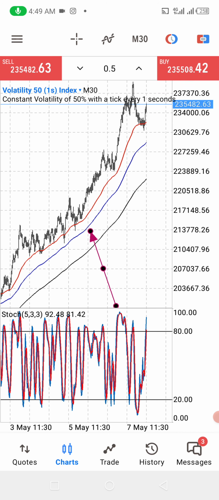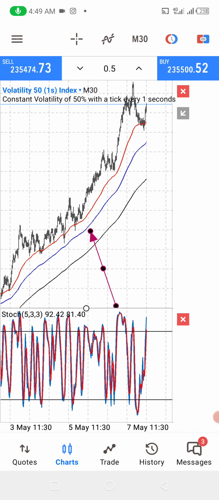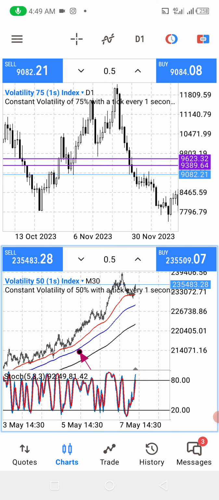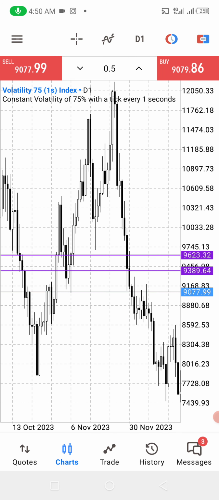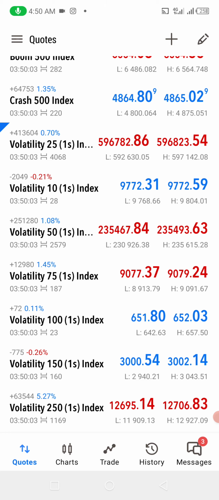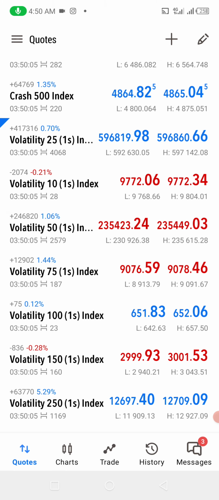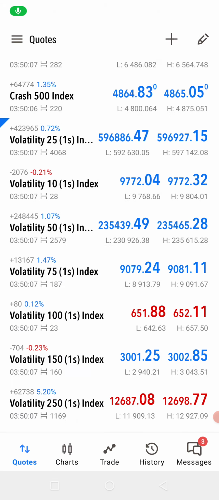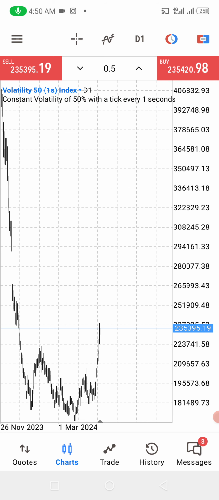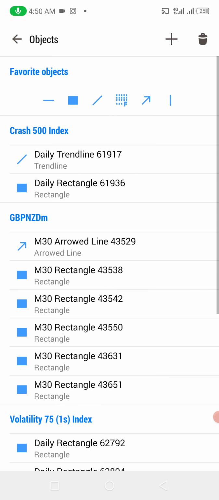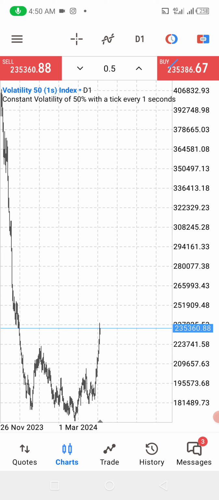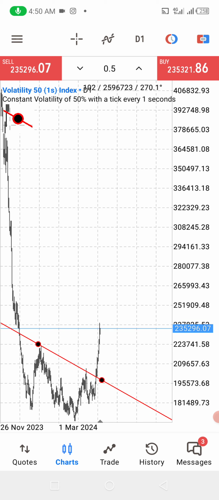Okay, now let's study the structure and price action of this market and see how the moving average has helped. So you go to Volatility 51s. You notice that here we have this trend line. Price broke the trend line.